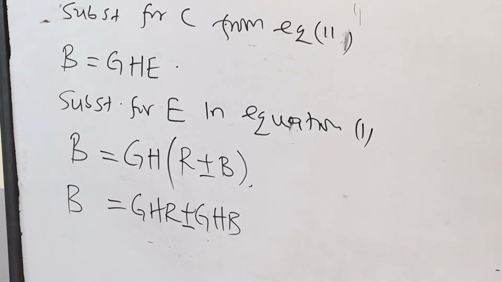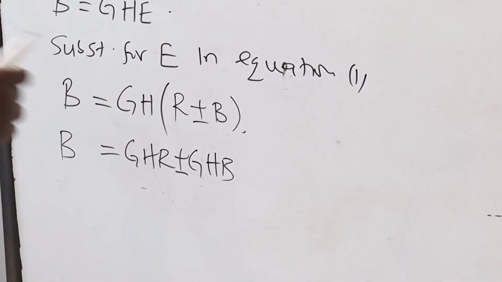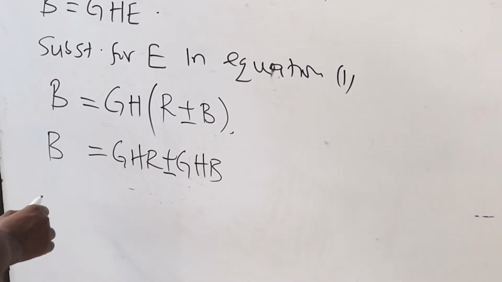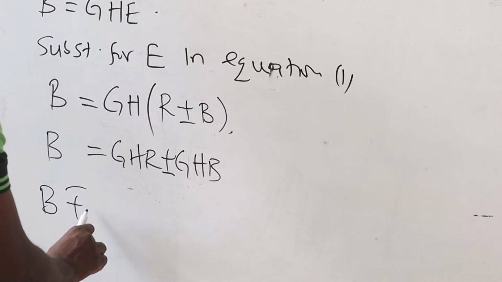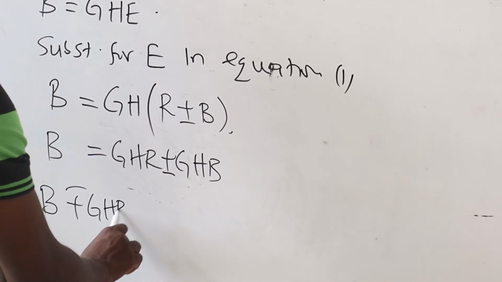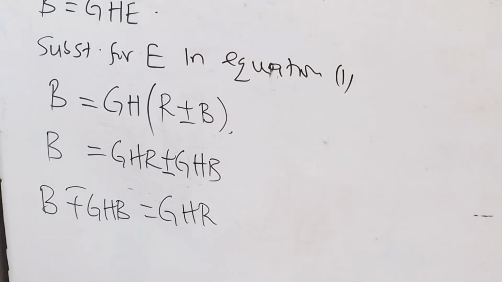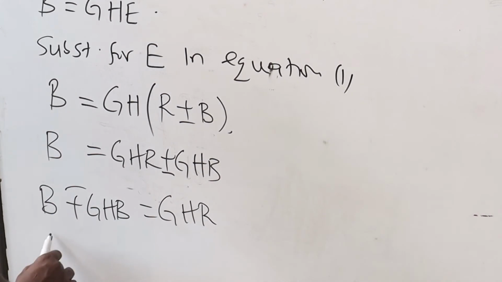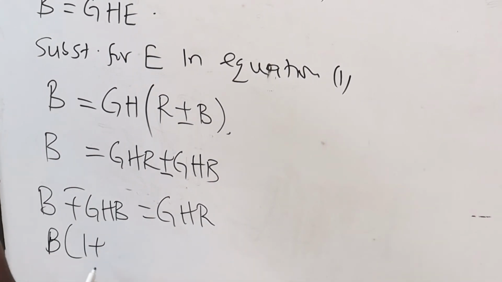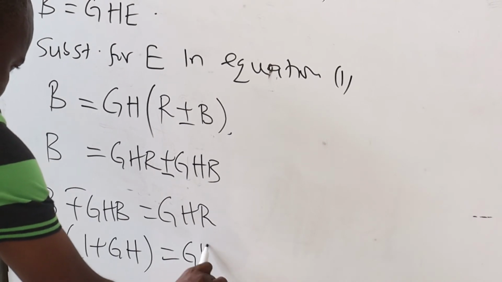When this one moves to that side, it will change, so we have B minus or plus GHB is equal to GHR, of which now we can simply say that B into 1 plus GH is equal to GHR.